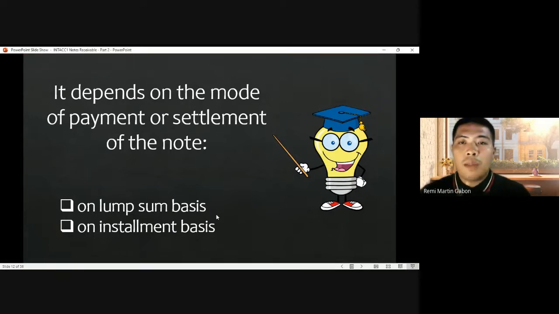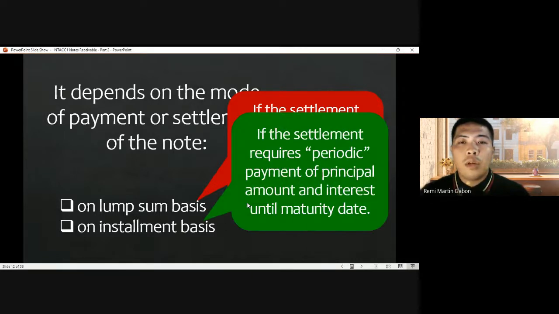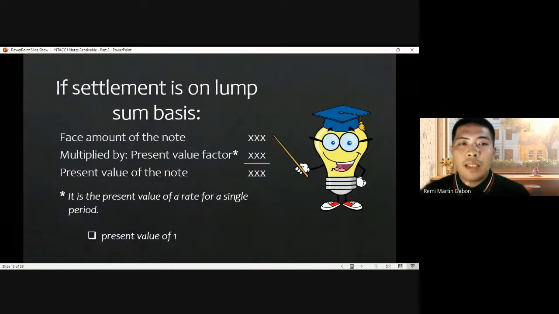Now, a lump sum basis is always a one-time payment, and an installment basis is a periodic payment. For lump sum basis, it is simply the entire face amount multiplied by a present value factor. The result should be the present value of the note.